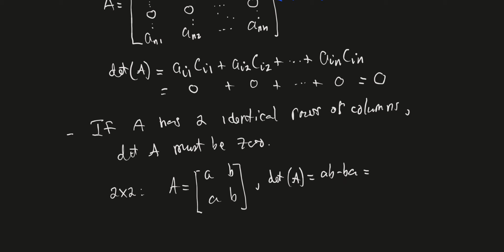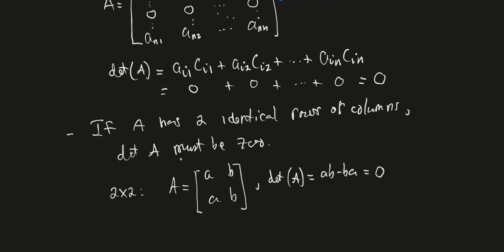So this difference is equal to 0, right? You could have a matrix that's not necessarily filled with 0, but if you have the same numbers in one row as in another row or column, then the determinant has to be equal to 0, right?